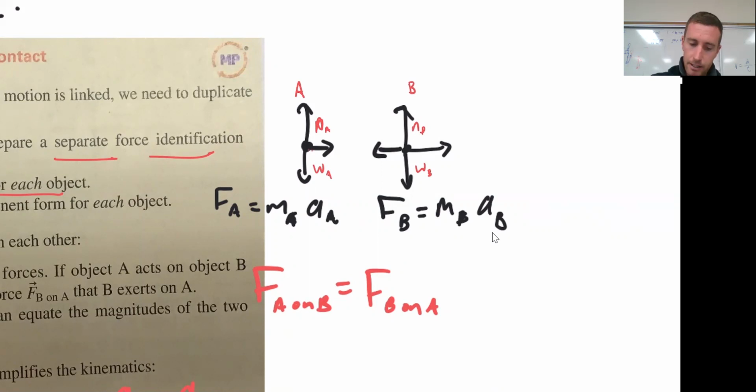So in this case, this force over here is the force of B on A. This would be the force of A on B, right? I always do it on the object that's getting the force on it, right? The force of A on B.